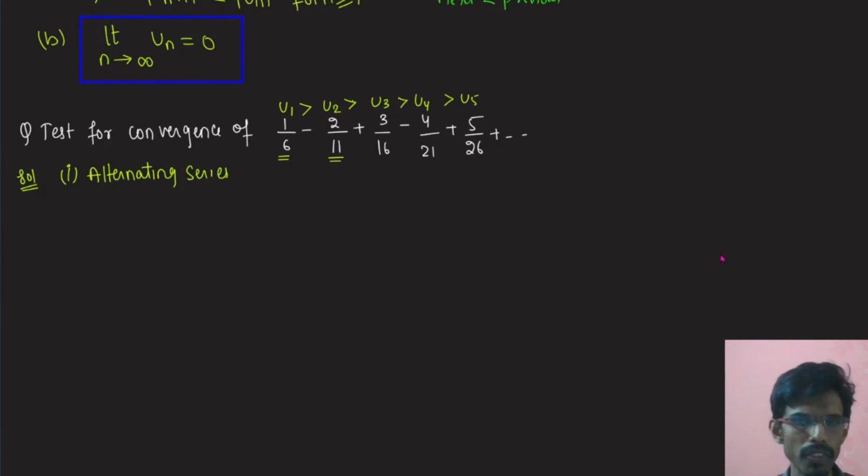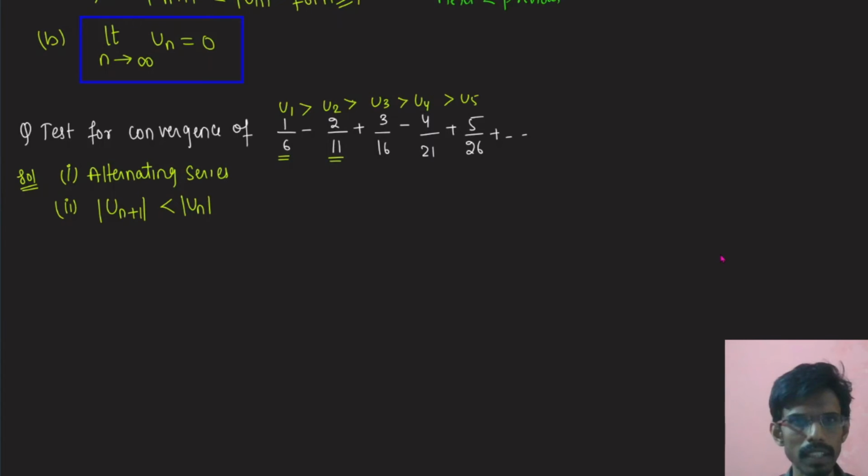Each term is lesser than its previous term, so it is satisfying this property, un plus 1, next term is less than un, right? Second property is also satisfying.